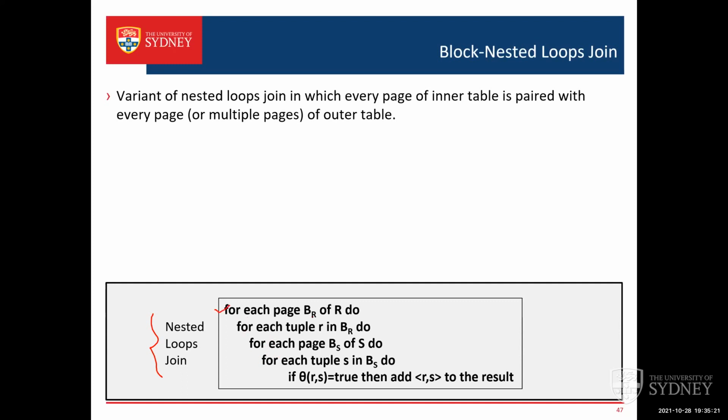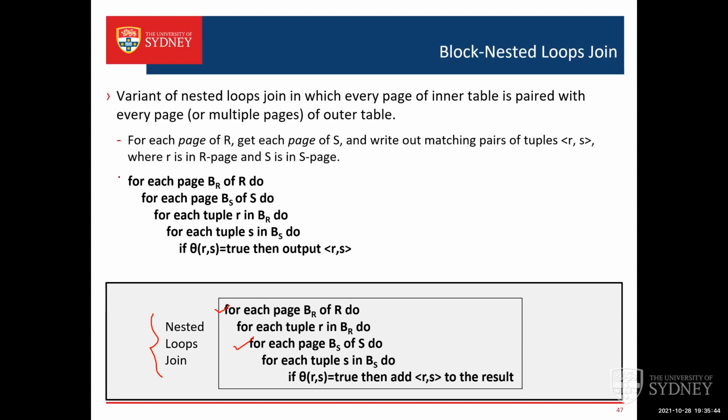In this line, we are reading all the pages for R. Here, we are reading all the pages from S. So essentially, we are reading everything. So if we simply change the order, since we know that we have to read everything, we can read them first, meaning transfer them first and then perform all the operations. Now we can see that part has changed.